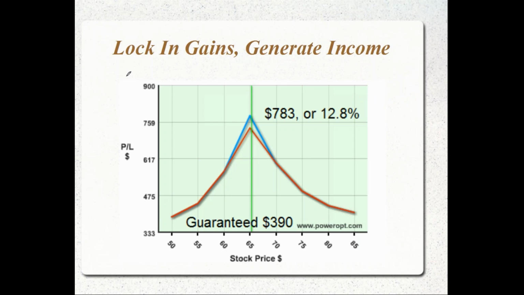Tom just commented in and said, okay, well, I don't see how you're getting $783. You have a cost basis of $61.10. Remember, that was stock plus put, $56.80 plus the $520 for the put minus the call. So my total cost into the position now, out of pocket, after the gain, is $61.10. If the stock's at 65, I'd be assigned at 65, so my maximum profit is only going to be $390. Where are we getting $783?